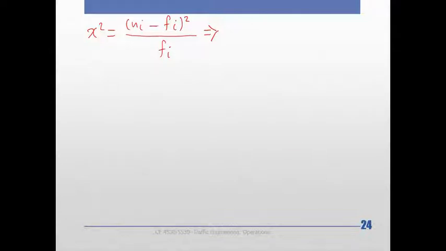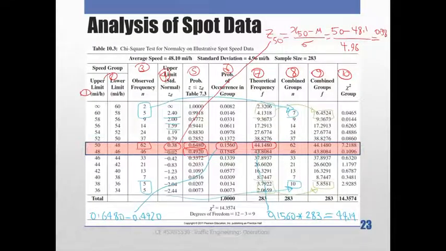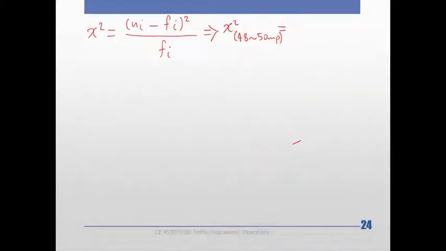So let's take an example of calculating chi-square for a speed group of 48 to 50 miles per hour. So what was the observed frequency for 48 to 50? 62. And what is the theoretical? 44.